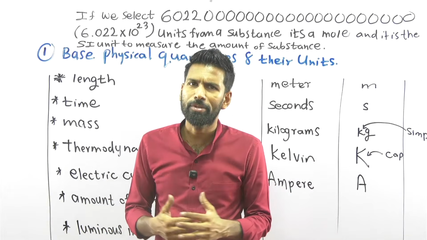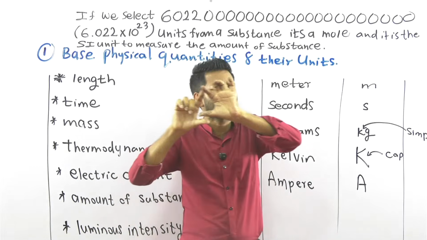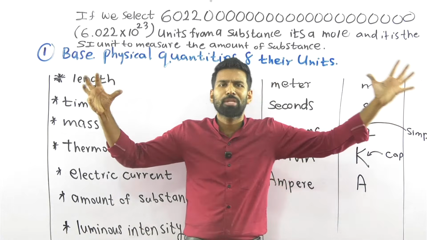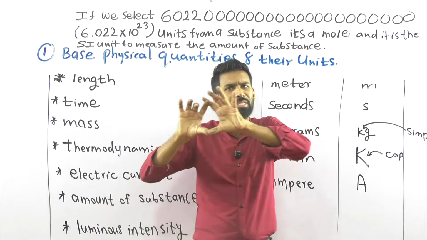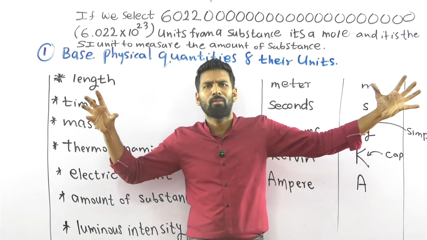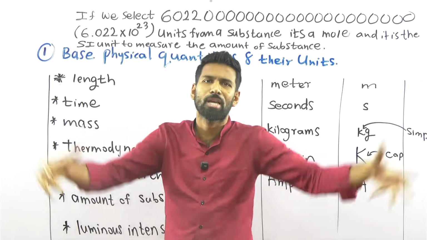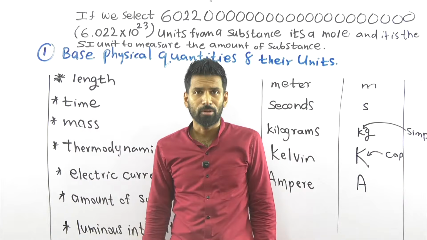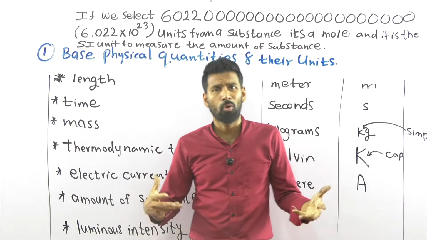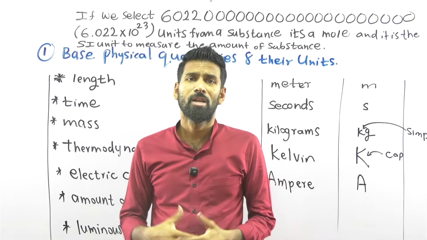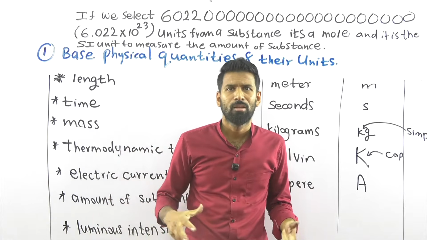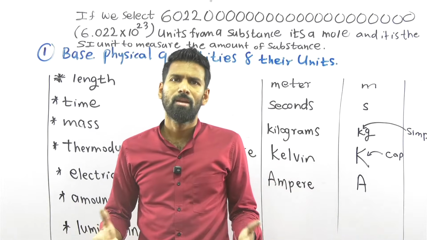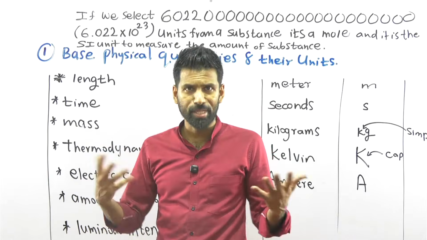Okay, can you tell me why this very large number is introduced as the SI unit? Because moles are used to calculate the number of electrons, subatomic particles, protons, and gas molecules.